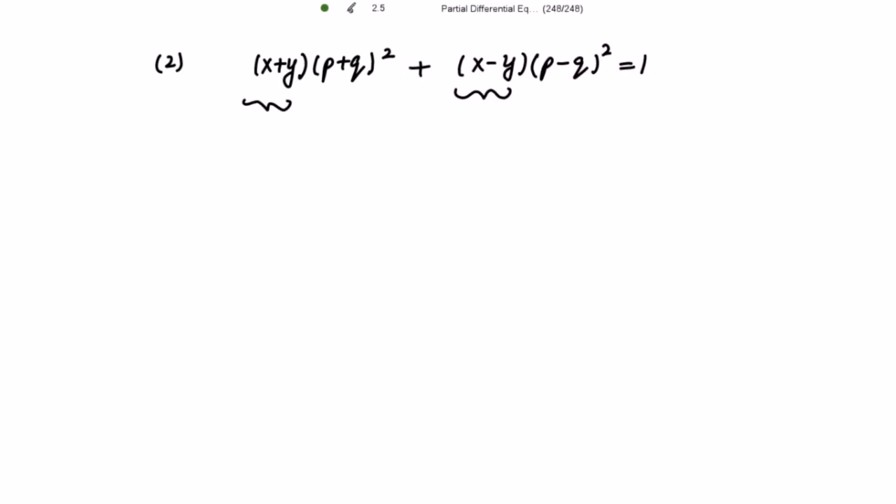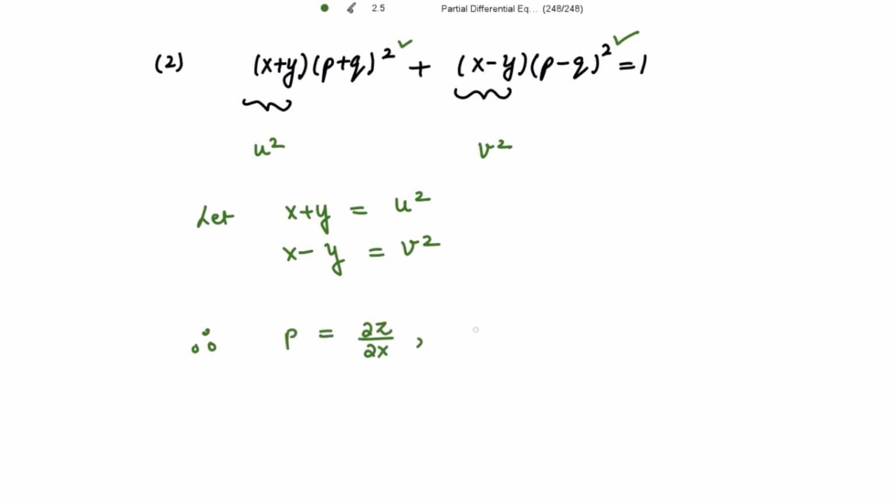So it is very easy for me to take x plus y to be, let me take this as u square and this to be v square, because we are having squares over here. So that is why I have also taken squares on u and v. So let's take x plus y to be equal to u square and x minus y to be equal to v square, and because we know that p is del z by del x and q is del z by del y.